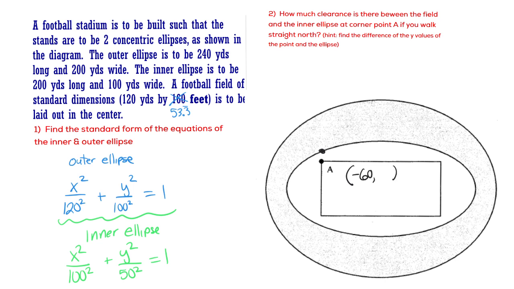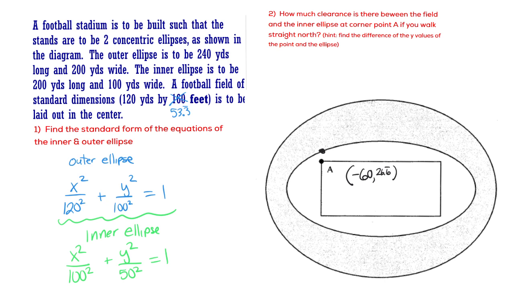And then how far up would it be? Well, the whole distance is 53.3 repeating, but from the center, I'd only be going up half of that. So now I have to take the 53.3 repeating and divide it by 2, and I get 26.6 repeating. All right, those are the coordinates of A.